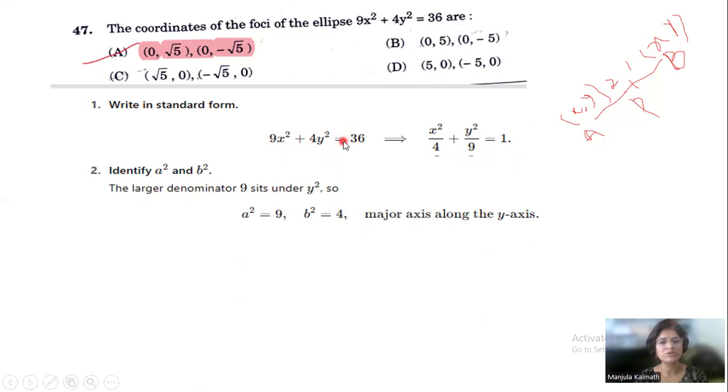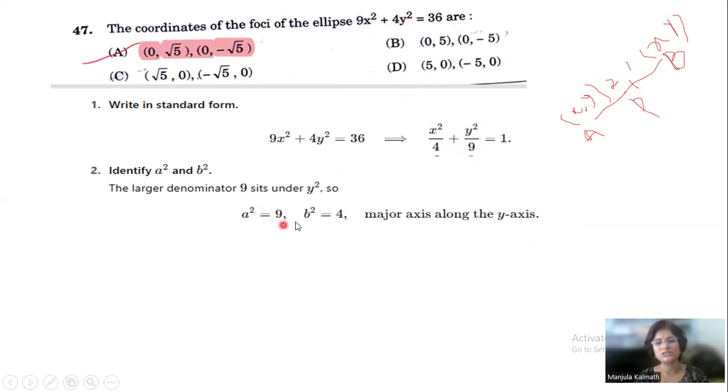The next step is to identify the values of a squared and b squared. The term which comes below y is considered as a squared, and the equation has the form x squared over b squared plus y squared over a squared.